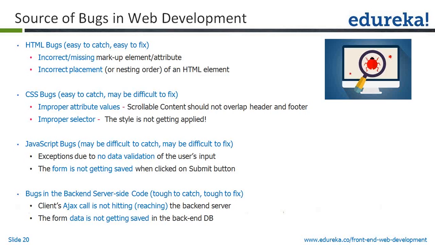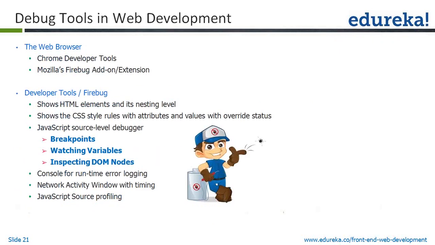So whenever you have these bugs, you need to take the help of debuggers, or in case of web development, you need to use the debug tools. In Chrome, you have what is called developer tools. In Mozilla Firefox, you have what is called Firebug.